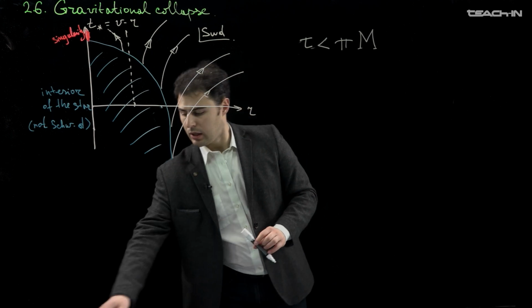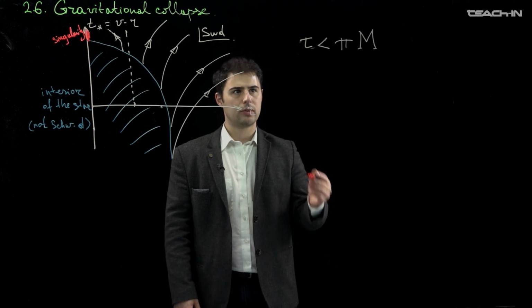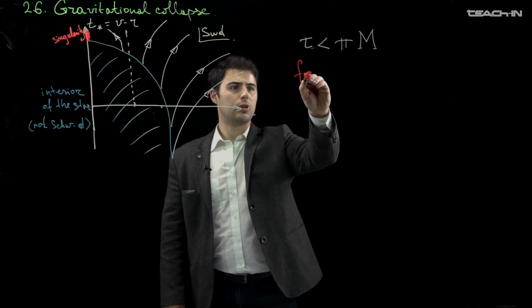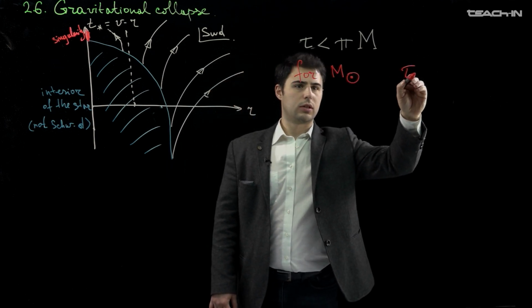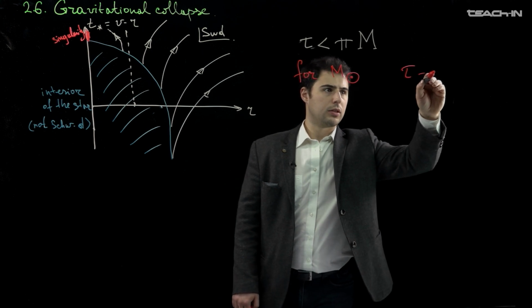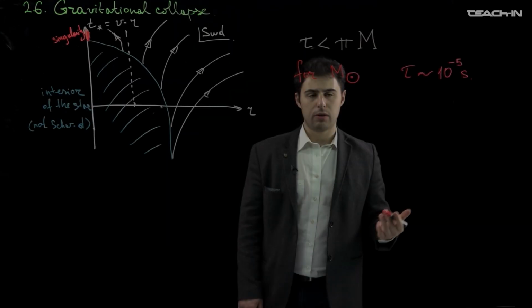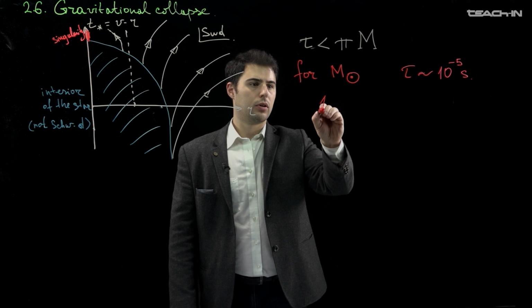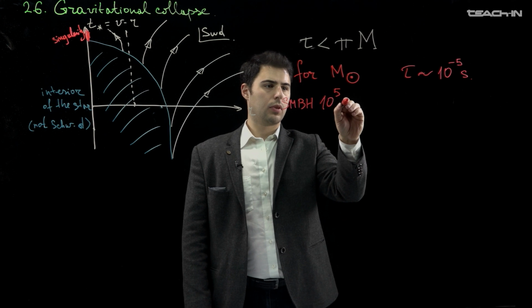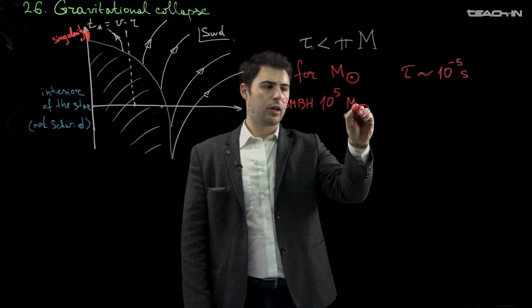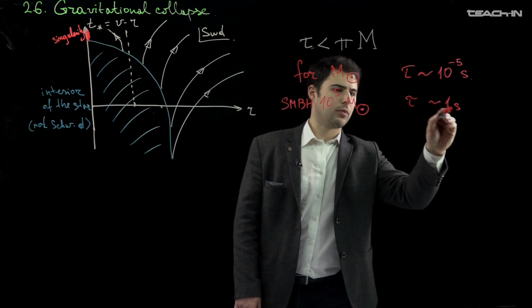So if you consider a black hole of our solar mass, tau is of the order 10 to the minus 5 seconds. If you consider a supermassive black hole of the size 100,000 times solar mass, this would take seconds.